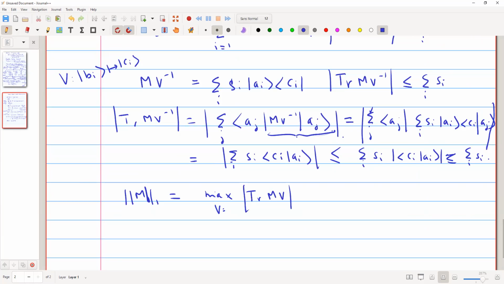So equality is indeed attained. So this is the maximum, and similar analysis will also say that this is the maximum over U of trace MU. You can do the same argument. Let me emphasize, this is a very useful alternate characterization. Is this clear to everybody?